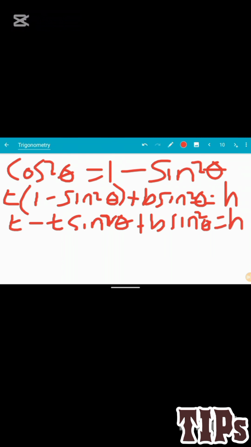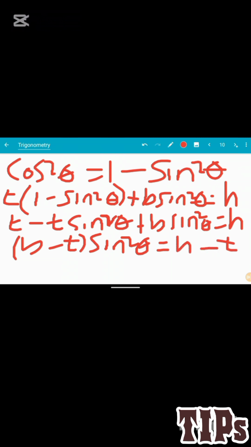So therefore, what can we do? Let's collect the like terms and see how it looks. So from here we have b minus t multiplied by sine square theta to give us h minus t.